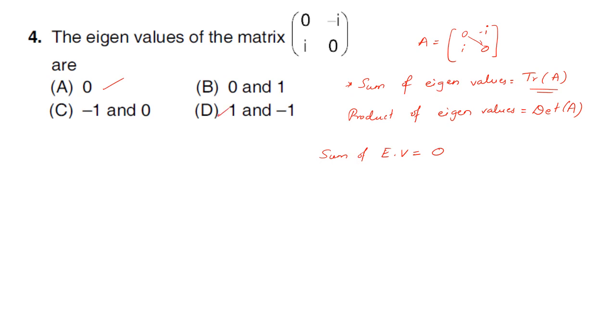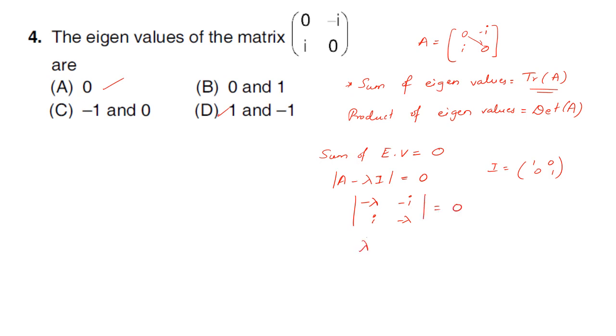Then we have to find eigenvalues. How to find eigenvalues? So we have to write determinant A minus lambda I is equal to 0, where I is identity matrix 1 0 0 1. So A minus lambda I is minus lambda minus I minus lambda is equal to 0.